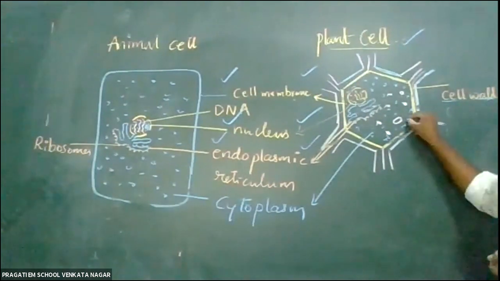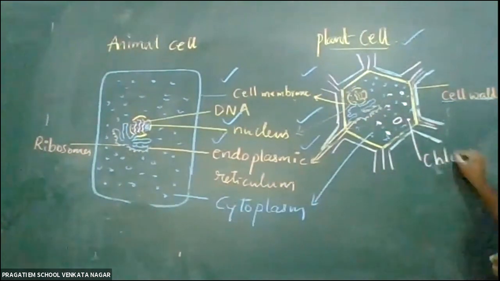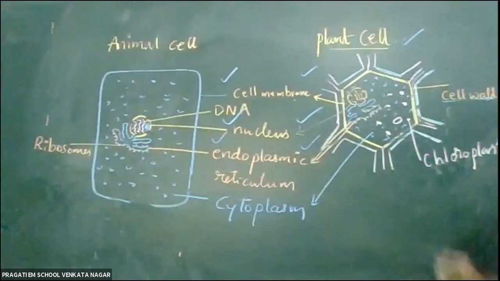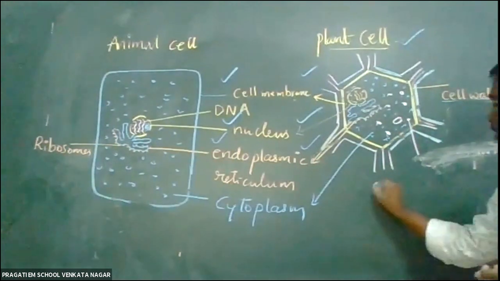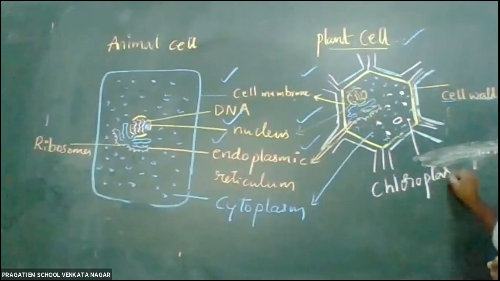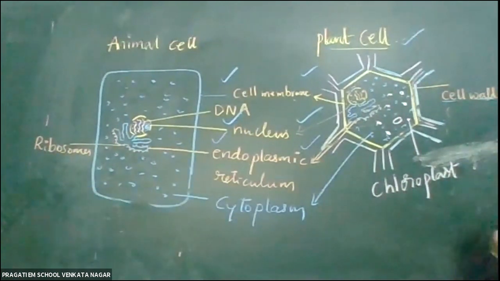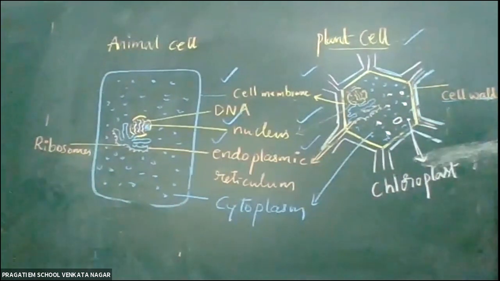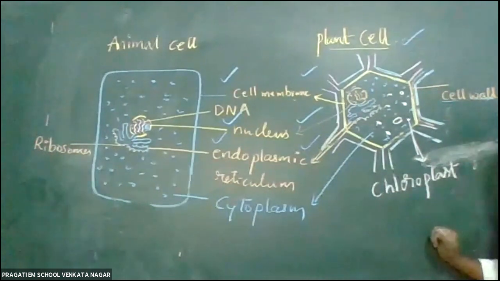Those are called chloroplast. These are the colored components. What is the color of plants generally? The leaves' color? Green in color.